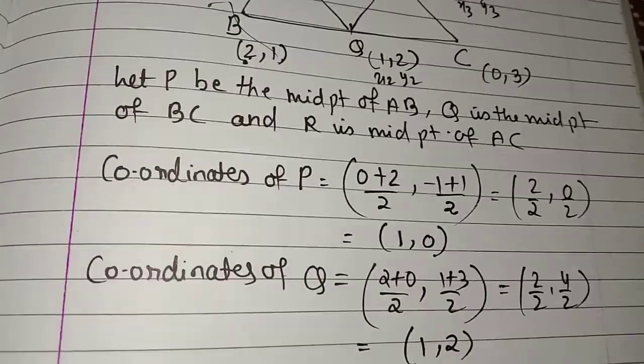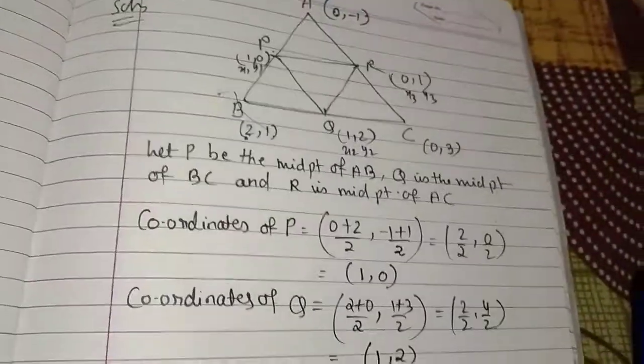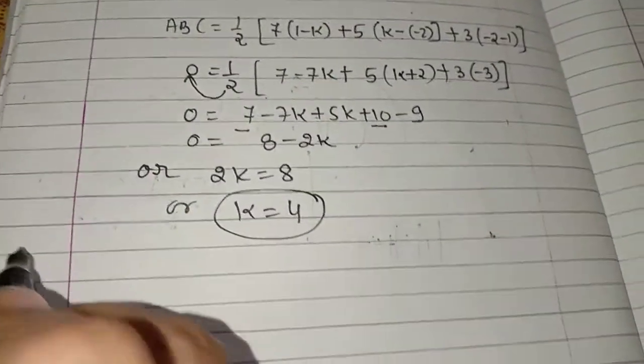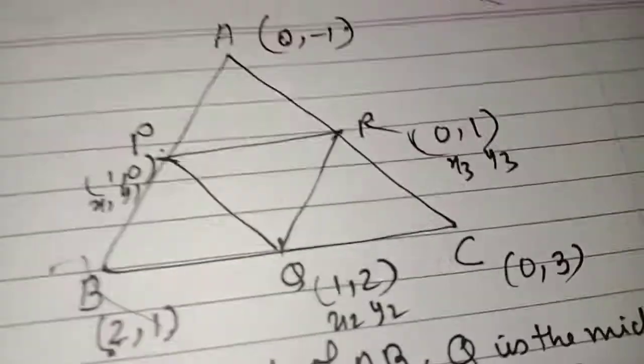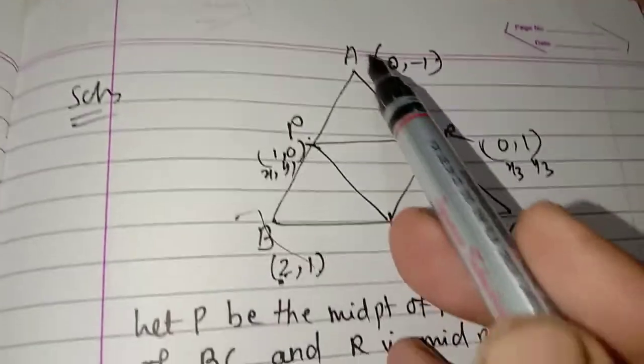Now I am going for area of triangle ABC. Okay, I am solving here so I do not have to turn the page. Now can you see area of triangle ABC?